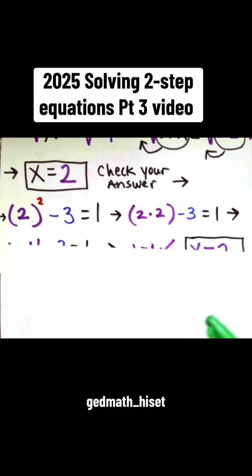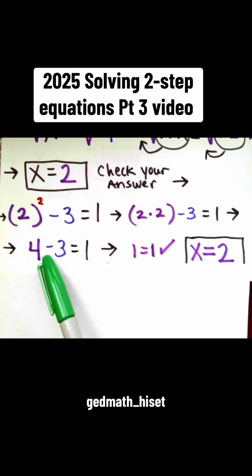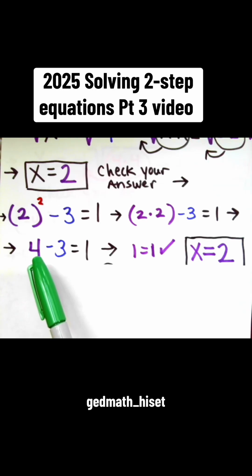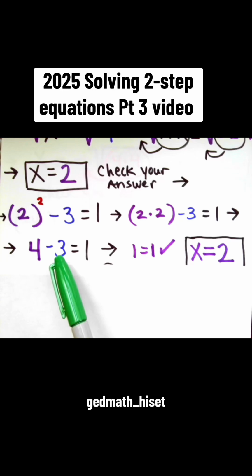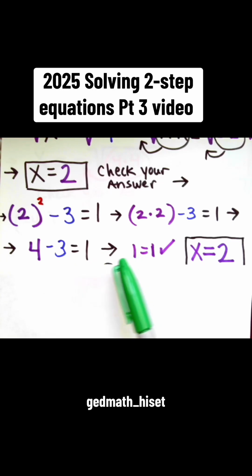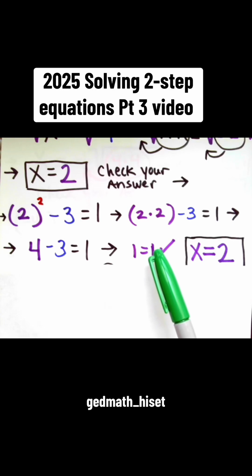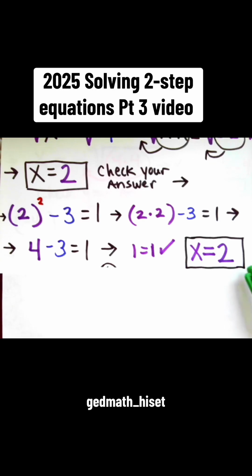And then this next step, I'm going to show you 2 times 2 is 4. And following the order of operations, add or subtract is the last step. I can subtract: 4 minus 3 equals 1. Does 1 equal 1? Is that a true statement? It absolutely is true. X has got to equal 2 for this particular problem.